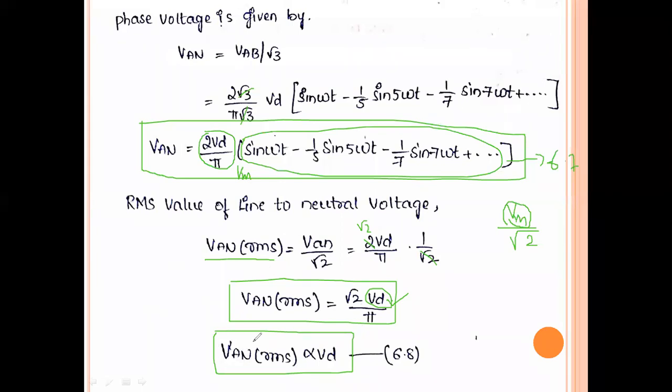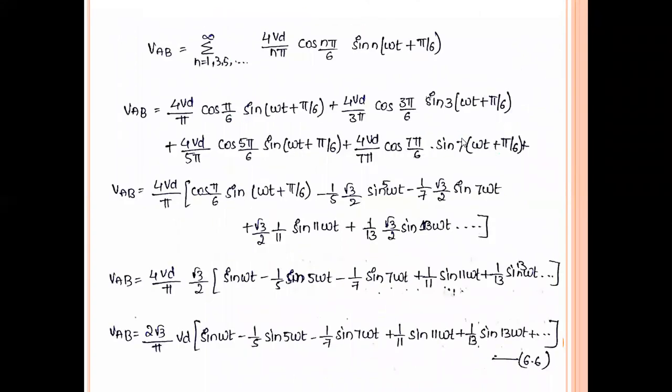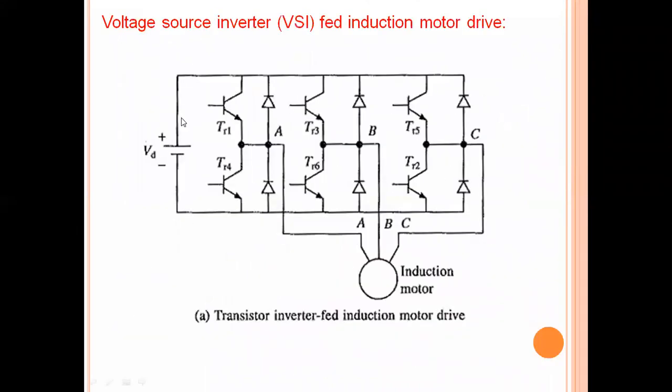So this RMS voltage can be controlled by simply varying the DC voltage here. See, once check the circuit diagram, you can see this is the DC voltage that we are going to give as input for this voltage source inverter.